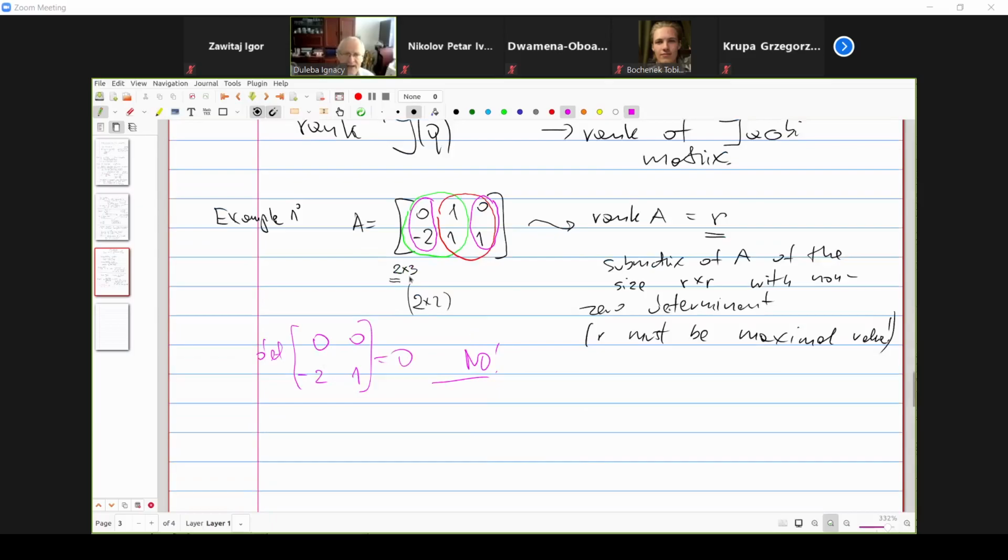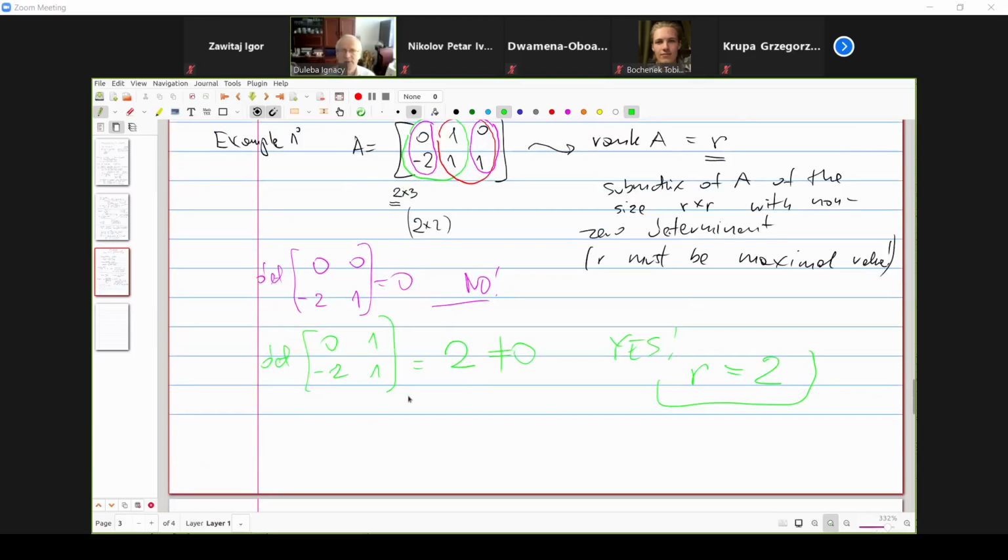So let's check the green possibility, for example. And I have 2, which is not equal to 0, so yes. So R is equal to 2. So the rank of this matrix is equal to 2 in this case.